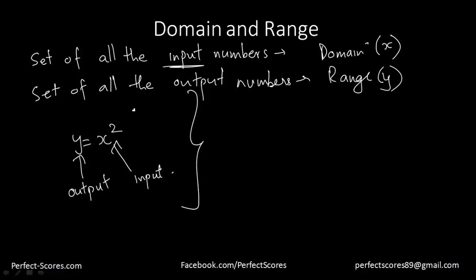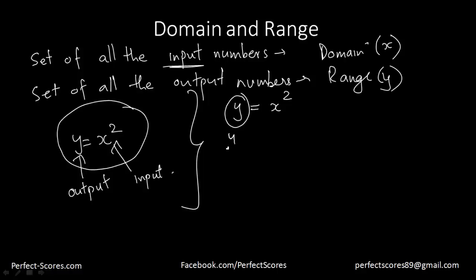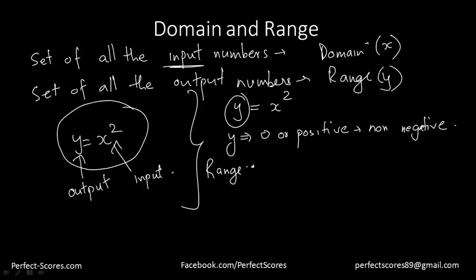So what are going to be all the possible values of x and y here? As y is equal to x square, y will always be 0 or positive. That means y is always going to be non-negative. So the range of this function is going to be all the numbers from 0 all the way to positive infinity.